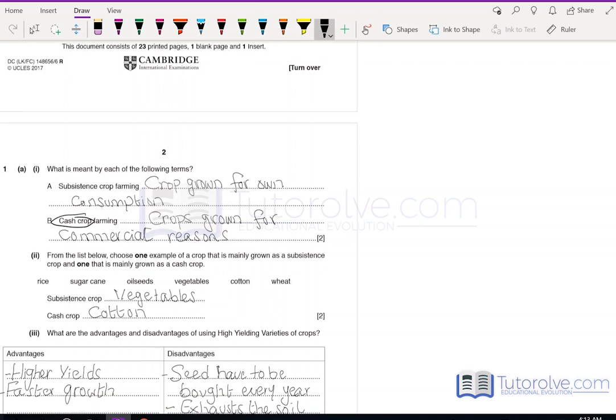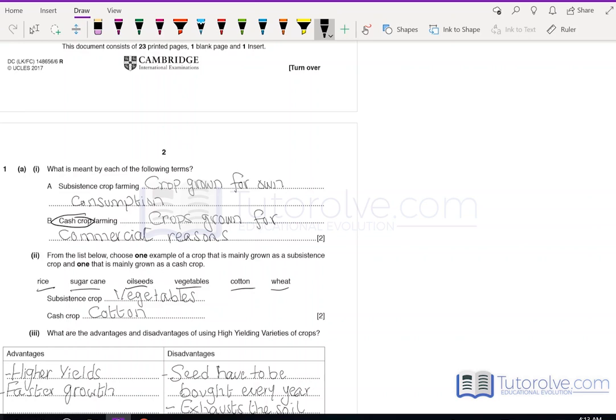Question 1, second part. From the list below, choose one example of a crop that is mainly grown as a subsistence crop and one that is mainly grown as a cash crop. So you have a number of options here: rice, sugarcane, oil seeds, vegetables, cotton, and wheat. Now, a subsistence crop can basically be any of these, and a cash crop can also be any of these.